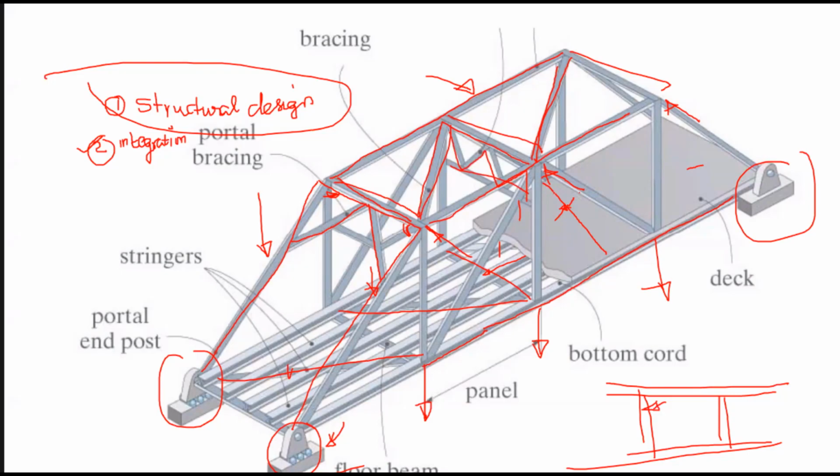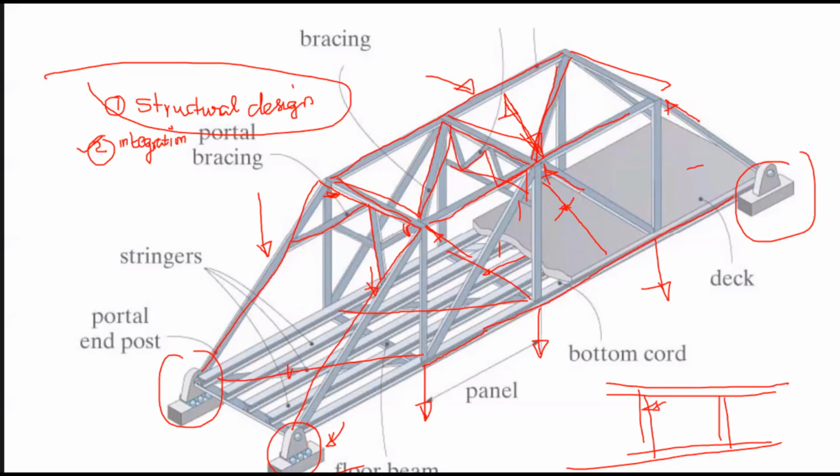Why? Because these trusses take the load. In a train or a track, we have something called racking loads, which act in this direction. It's going to shake in the transverse direction.